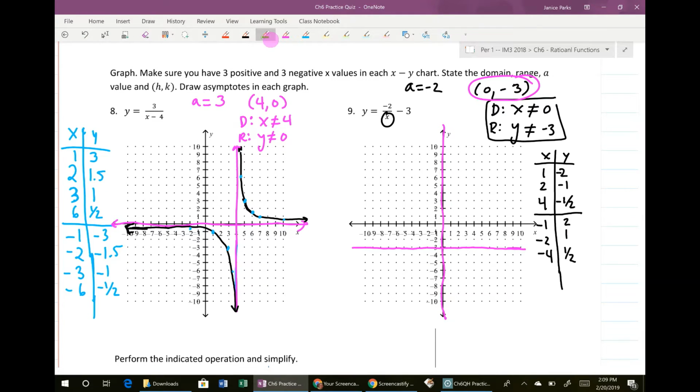And then I'm going to go ahead and plot these points. So 1, -2, and then 2, -1, and then 4, 1/2. So if I do 1/2, I can also go down 1, 2, 3, 4. Same thing here, -1, 1, 2, -2, 1, and then 1, 2, 3, 4 at a half. And then at 1/2, 1, 2, 3, 4.